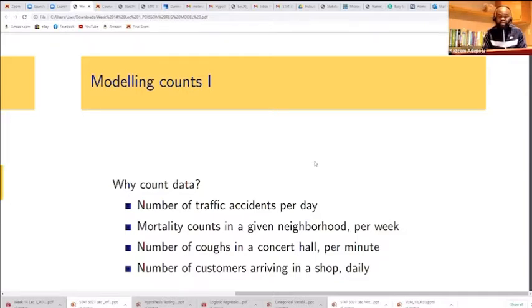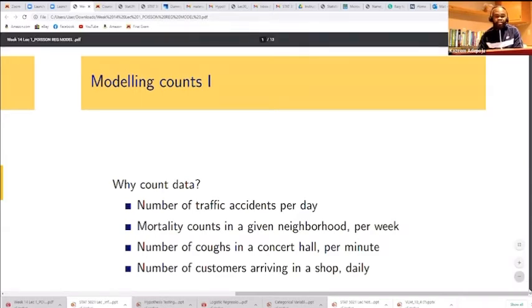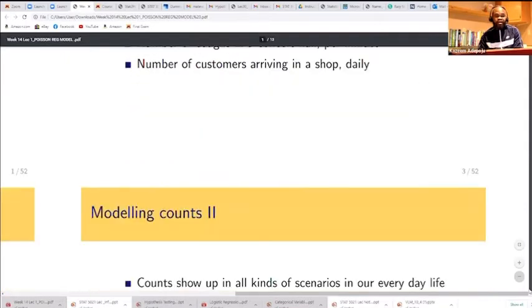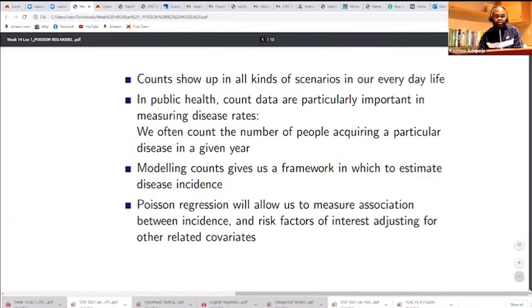In each of these data, you don't expect to have a negative, and not only that, you don't expect to have continuous data, which would mean something like 7.5 or 8.5. We can never have 10.5 accidents. The examples I just showcased are strictly discrete. So that is page 3 of the material, and I'm going to go to page 4 right now.